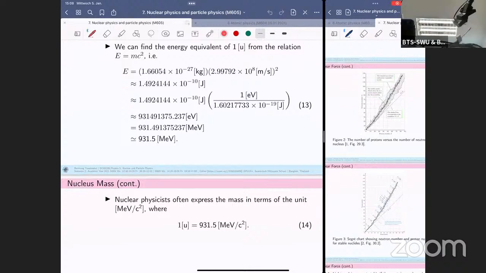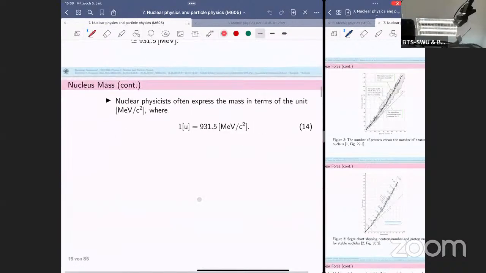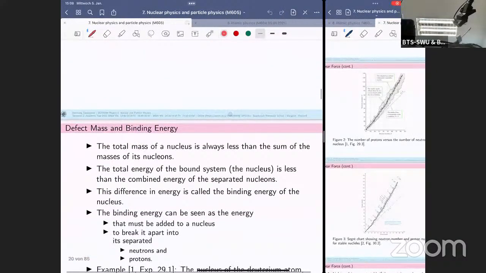For nuclear physics, it's better to express the mass in terms of mega electron volt per c squared, because everything is very tiny. 931.5 MeV per c squared is 1 atomic mass unit. That's the unit of the mass.